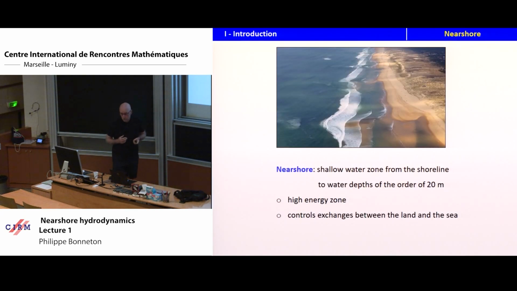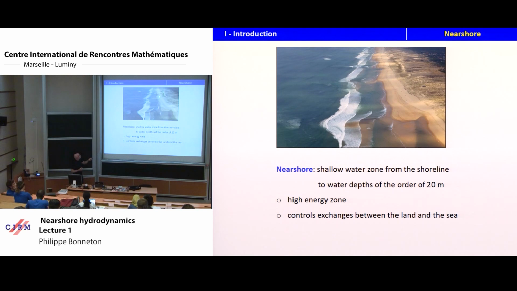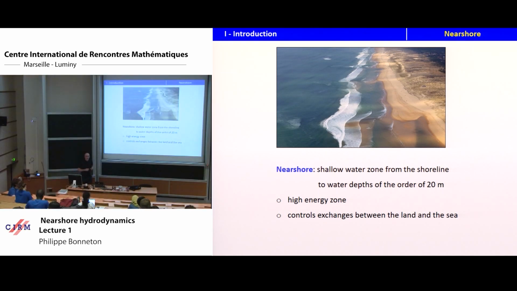So what do we call nearshore? It is the zone between the shoreline and extended to the sea water for water depths of over 20 meters. It is a high energy zone which controls exchange between the land and the sea.